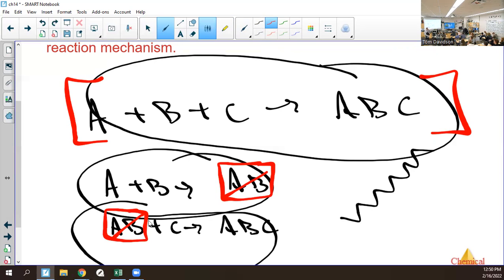Go ahead. But it can't go from B plus C, BC, and A plus BC? Can I do that? Is it interchangeable? Like, not really the way I wrote it. If I wrote it a different way, sure, because I made this up. But really, in chemistry, what if this was true? A and B had to be together first to give the surface for C to even stick to, and C won't stick to A or B, but only when A and B come together.